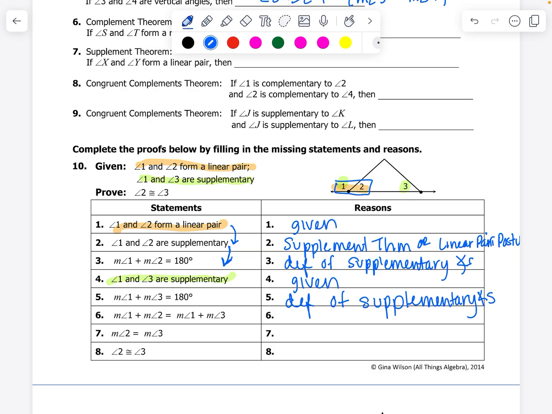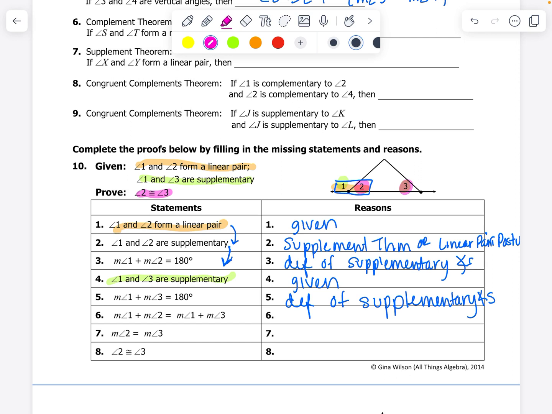Now I gotta remember my goal. My goal is to say that 2 and 3 are equal to one another. All right, well, I know that 1 and 2 equal 180 from line 3.